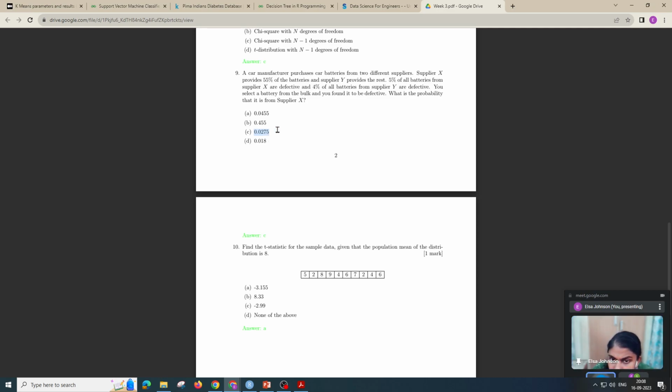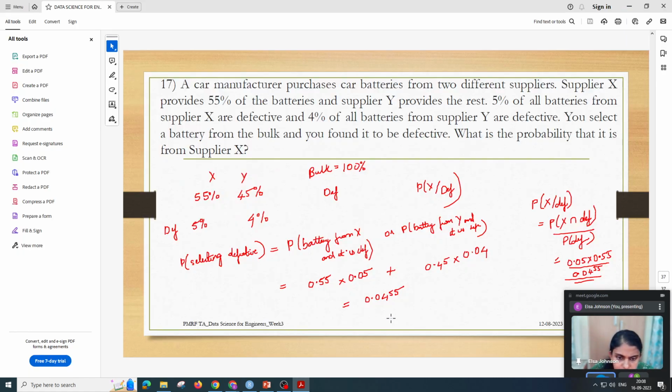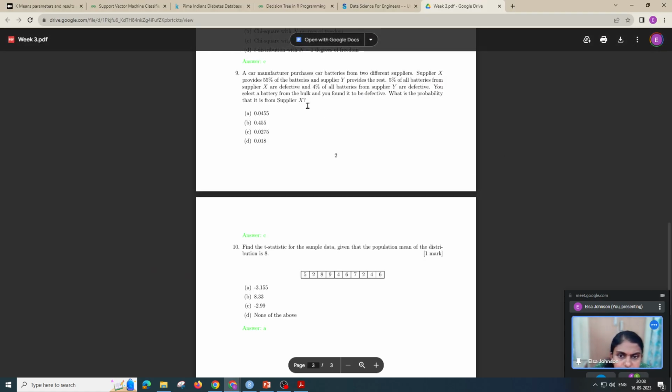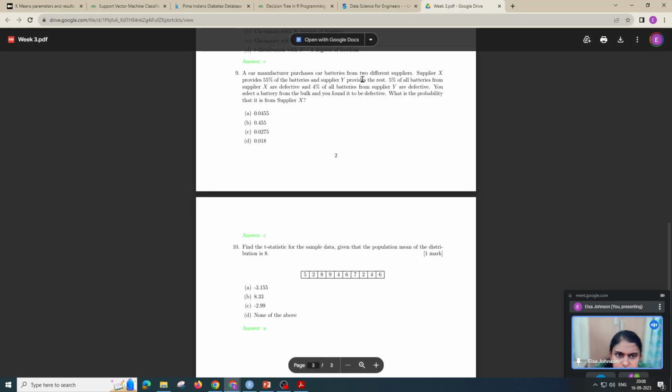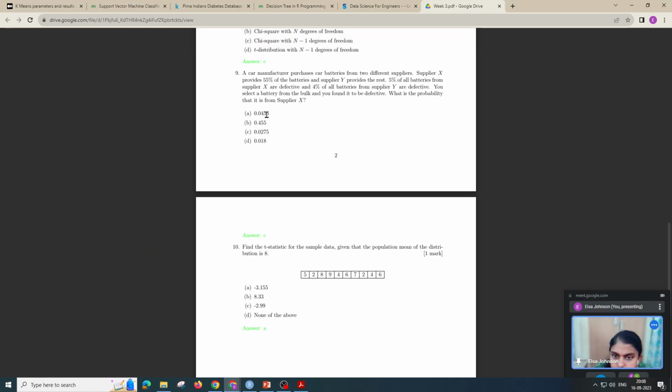If I multiply 0.55 into 0.05, both probabilities, I'm getting that answer. What is the probability that it is from supplier X? But that might not be true. Anyway, this also I'll check once more.